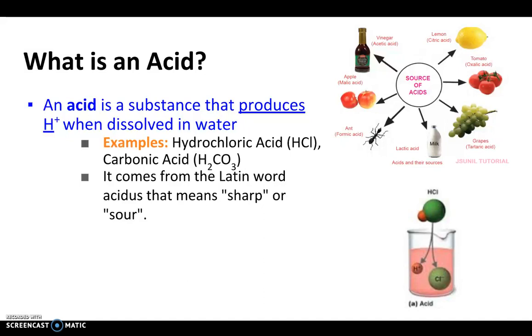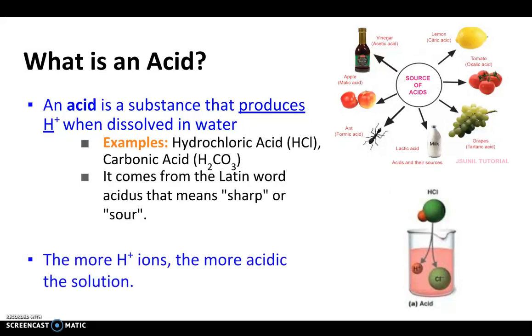We've all tasted a lemon or a tomato or a grape or some milk. Probably, hopefully you haven't tasted a fire ant, but if you have, I bet it tasted horrible. Apples have malic acid, vinegar is just acetic acid, and so we have had some experiences with acids in our everyday lives that are perfectly safe, but other types of acids can be really dangerous.